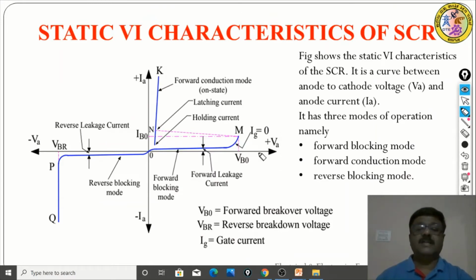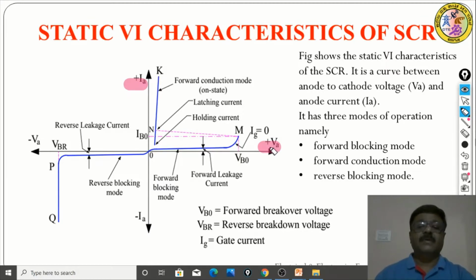So this is the graph showing the VI characteristics of the SCR. It is a plot of anode voltage versus current flowing through the anode terminal of the SCR.